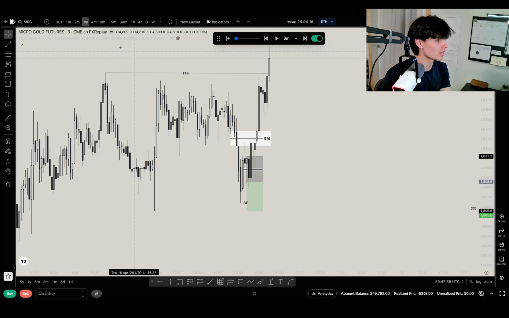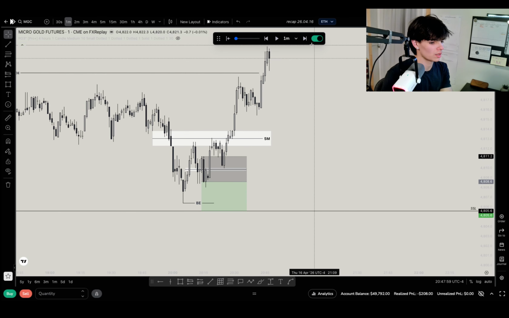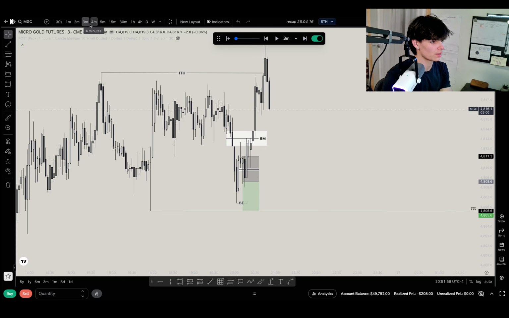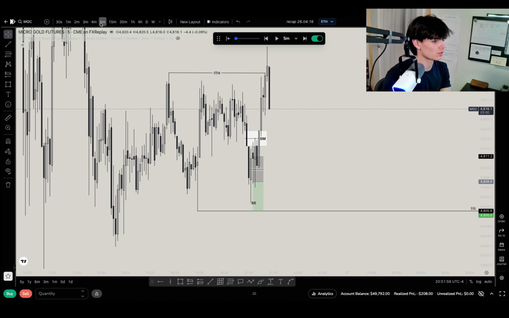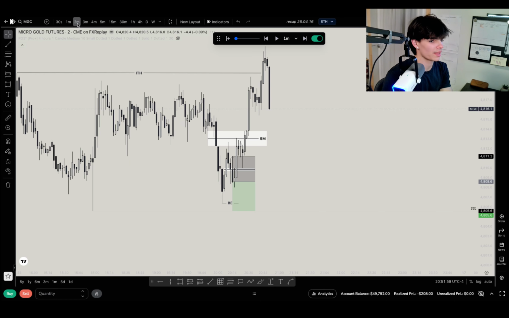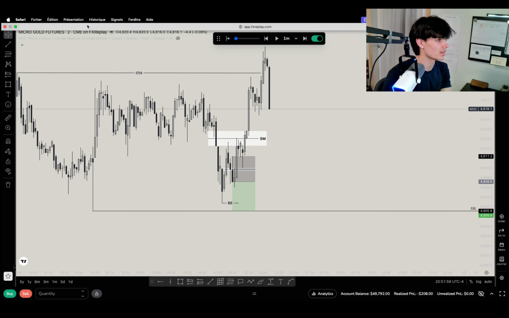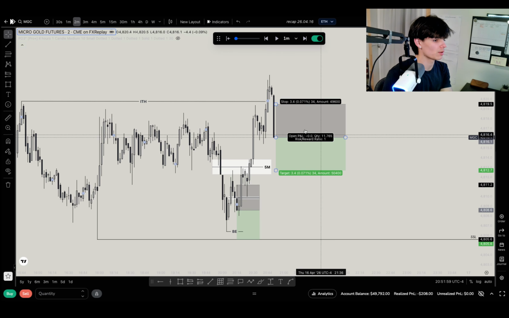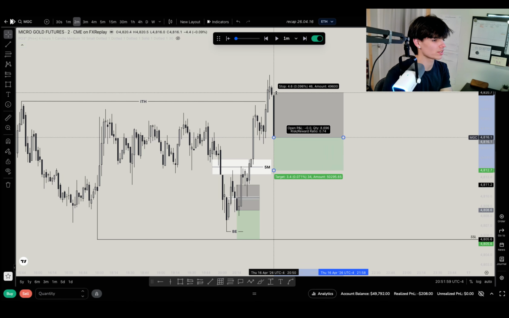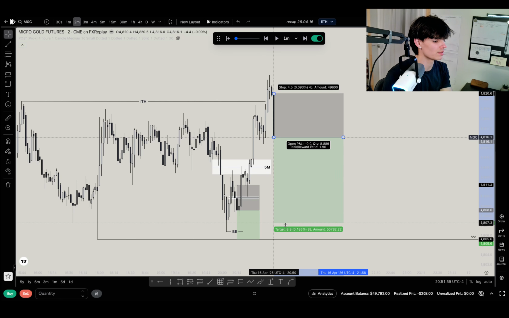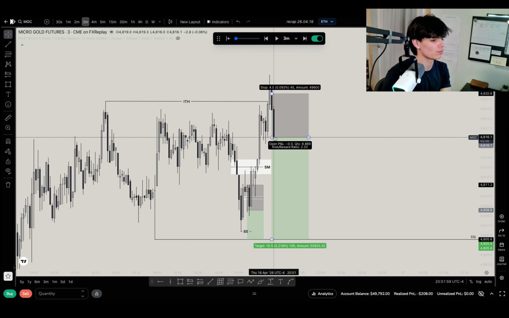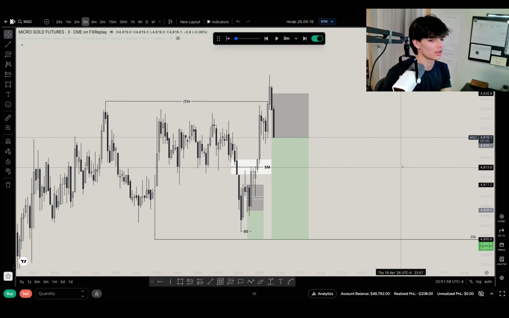So now I'm just gonna go and look at what happens. Here, I do think there's no entry on that though. I'm pretty sure price reverses. That's not a trade I would necessarily take, because I think we end up dumping.